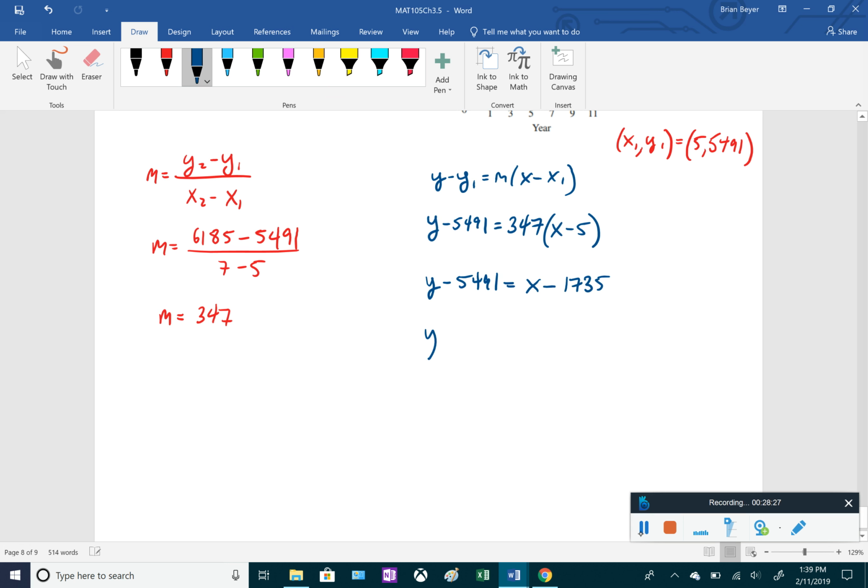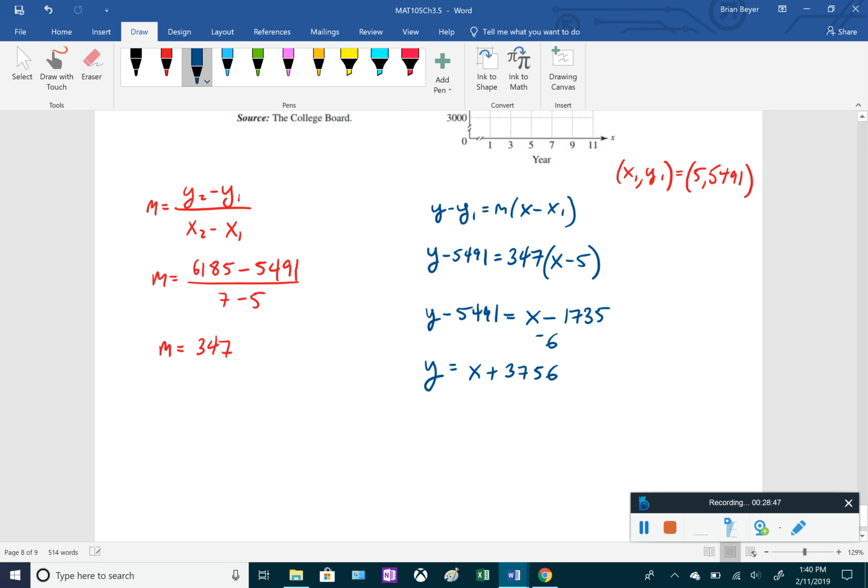And then we would add 5,491 to both sides, and we would end up getting 3,756. So this is the mathematical model using those 2 data points to help us approximate tuition costs.